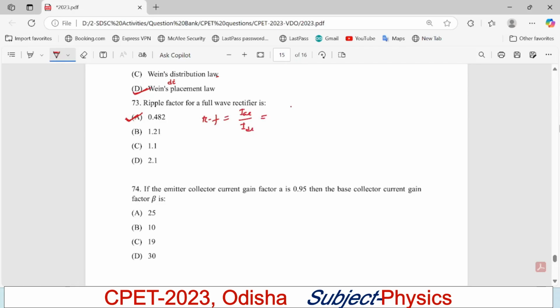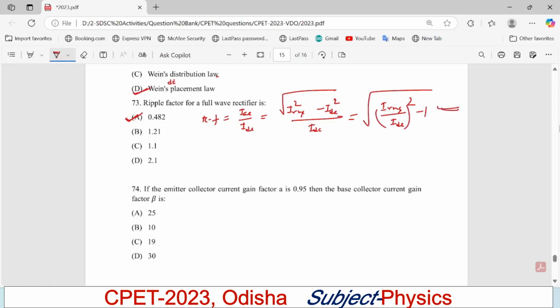It can be evaluated by root over I RMS square minus I DC square, by I DC, or it can be written as root over (I RMS by I DC) square minus 1. Here you can take I DC square common from the square root, so it will move outside as I DC, and be divided by I DC square in this expression.